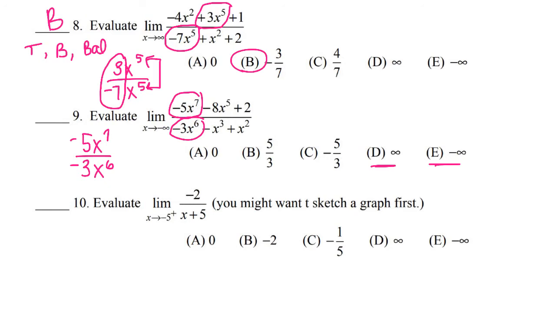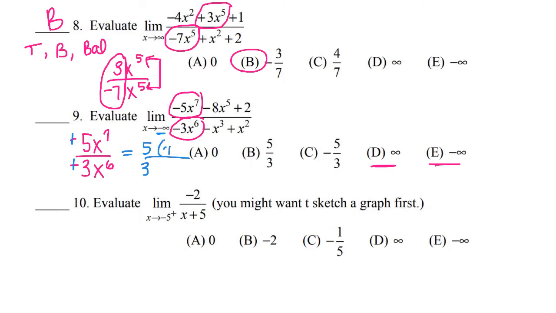So we have to come back and reason about what's going to happen. We're plugging in a negative big number. Well, we know negative 5 over negative 3 is going to be a positive 5/3. But if I plug in a negative big number, I still have my 5 and my 3.